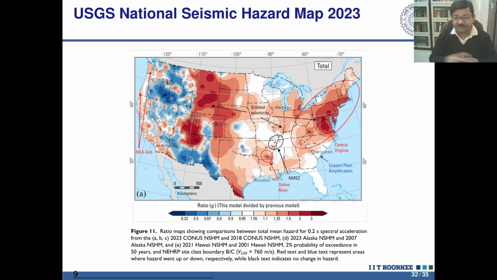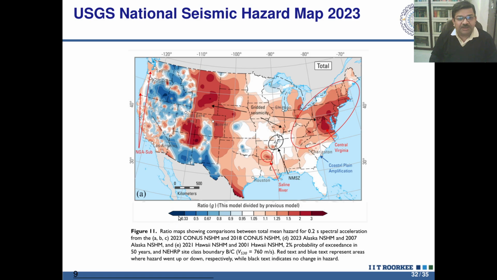To bring home the point, consider the revised United States National Seismic Hazard Map of 2023. This is 0.2 second spectral acceleration, and this is a relative map. I'm not showing absolute values here. This only shows the ratio of 2023 values with respect to the previous 2018 National Seismic Hazard Map.